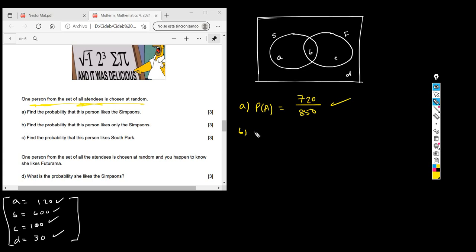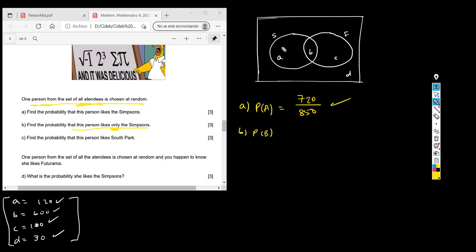B, find the probability of the event B. I'm calling B this event: that this person you choose at random likes only The Simpsons. That is a very important word. Only The Simpsons, which is just this bit.